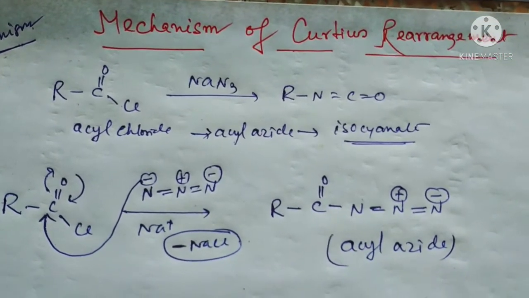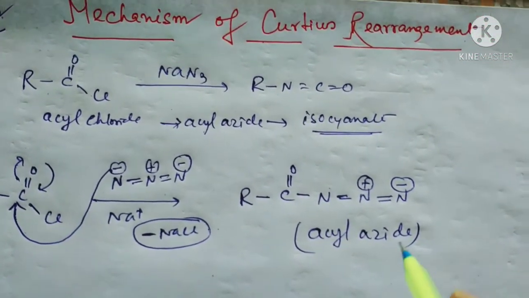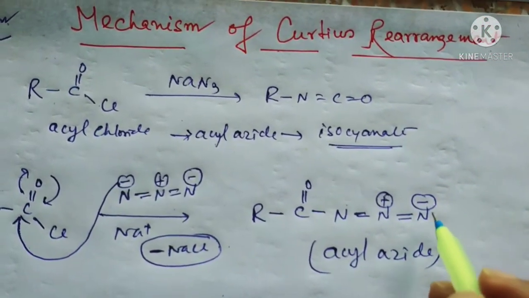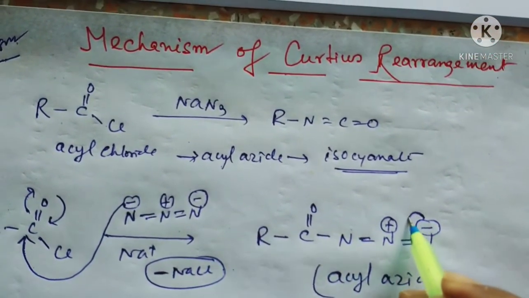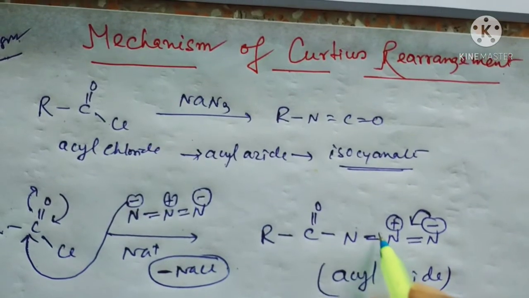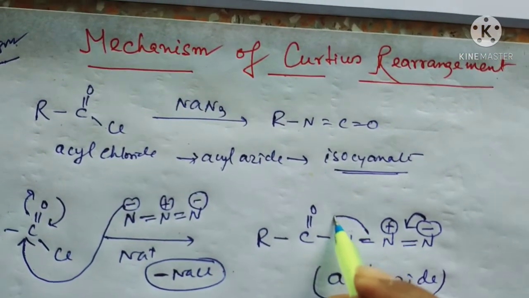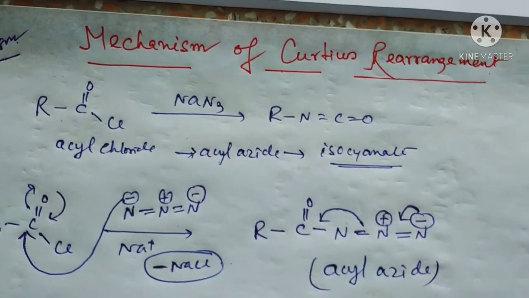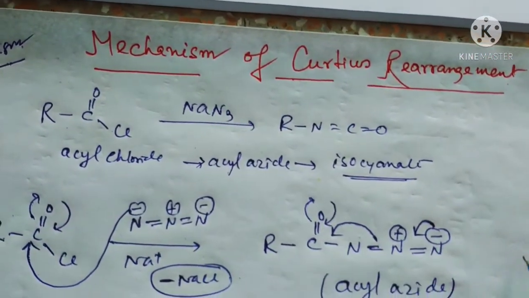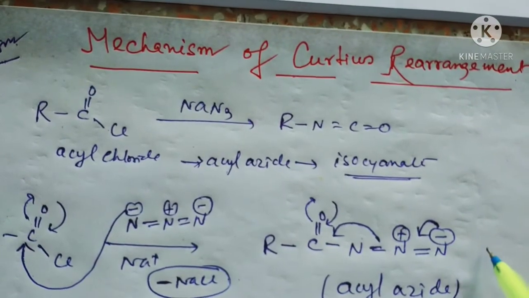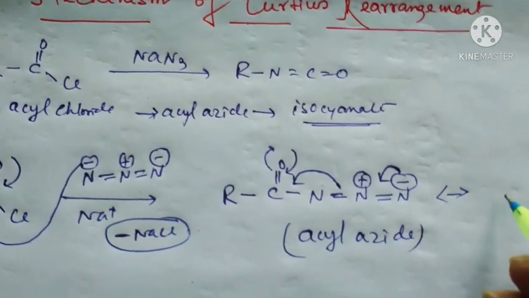Now this acyl azide transforms into, you can see from here, I'm going to show you. First this nitrogen comes over here and then this double bond forms. Okay, now here it transforms into this.